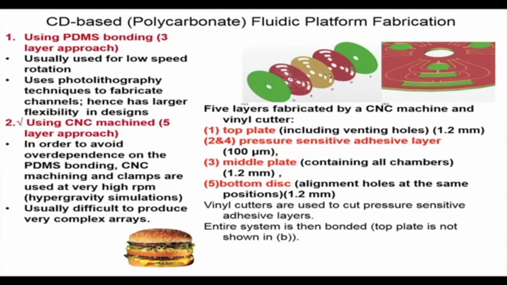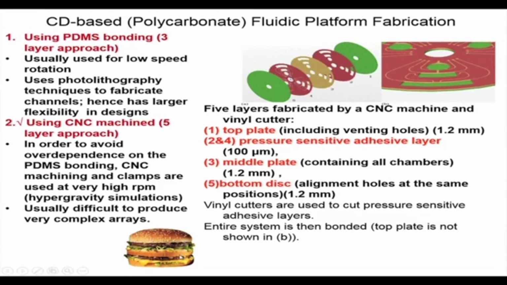So in the low cost paradigm we use a 5 layer approach using a tabletop CNC machine. So what is done? 5 layers are fabricated. So you can see these layers 1, 2, 3, 4, 5. These 5 layers are stacked together just like you make a burger, okay.